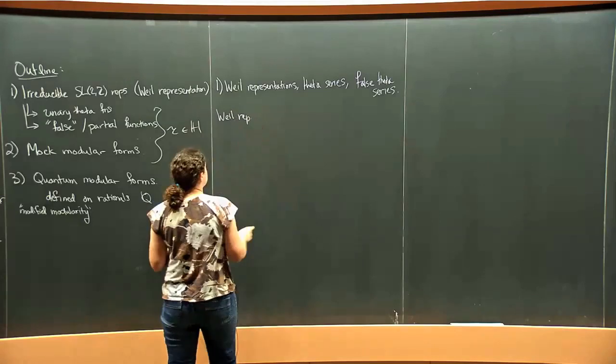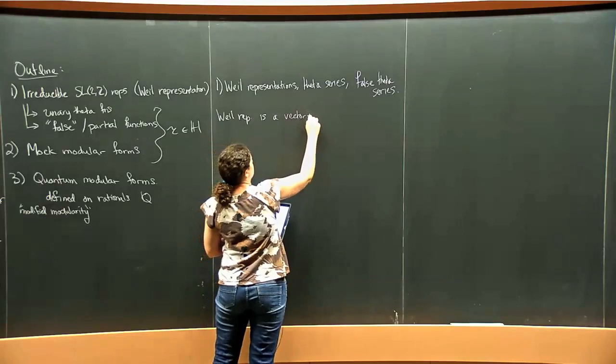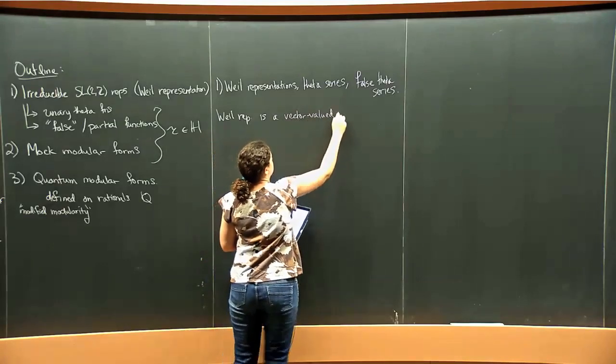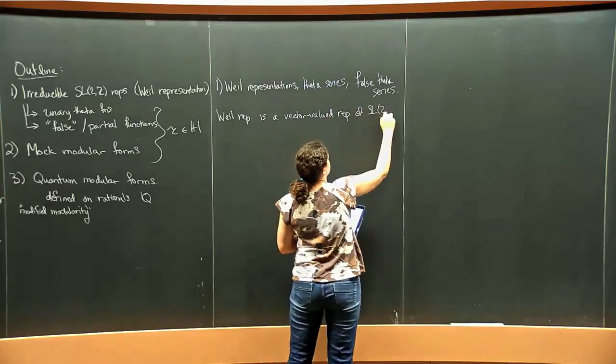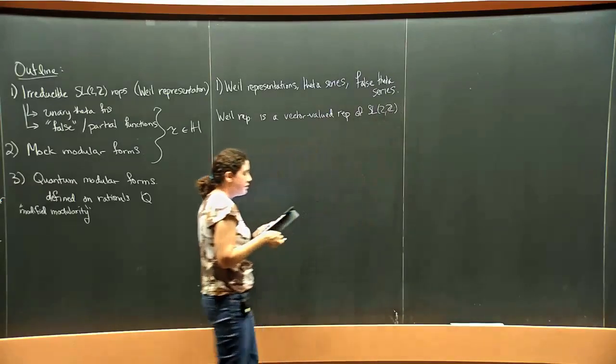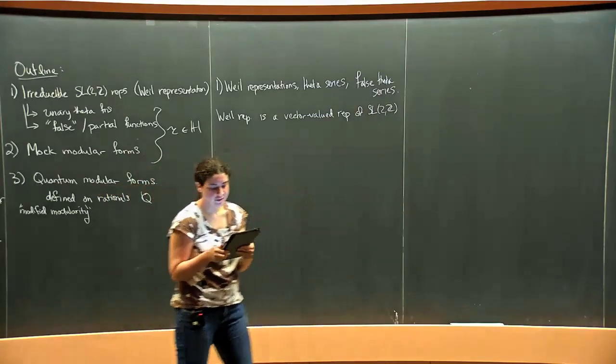The Weil representation is a vector-valued representation of SL2Z, or in the case of half integer weight, the metaplectic double cover, but I'm never going to write that.